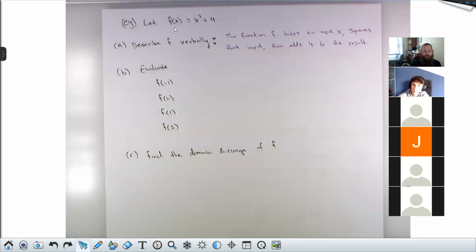This might feel like a slightly silly thing, but when we talk about a verbal description of a function, what we're really looking for there is an order of operations understanding, right? Everybody remembers PEMDAS? Your order of operations symbolically can be a little bit hard to interpret. I would say for this function, it's not. But sometimes it's not super easy to see what order the operations are being performed in.